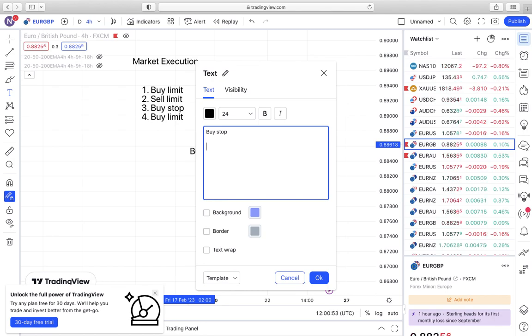And it is a strategy to profit from up movement in a stock's price by placing an order in advance, because you have predicted that the price will continue going up.